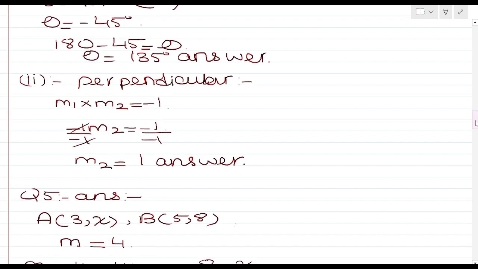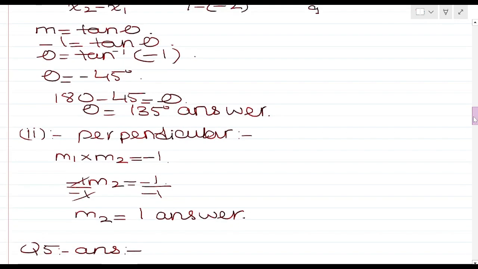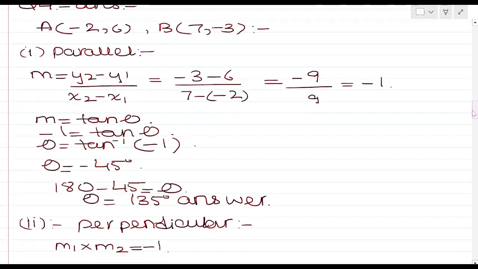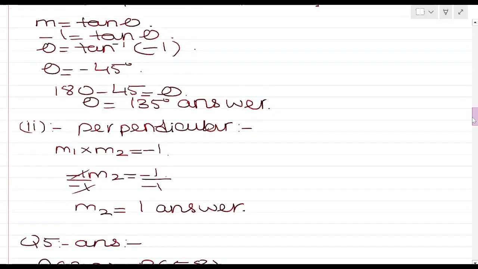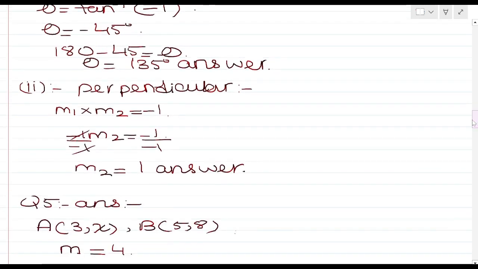That means our second gradient is 1. So for the first case, if our line is parallel and passing through both of these points, then our gradient will be -1, which means m1 is equal to m2. But for the second case, if they are perpendicular, that means they are intersecting, then our gradients will not be equal. m1 times m2 will be equal to -1.